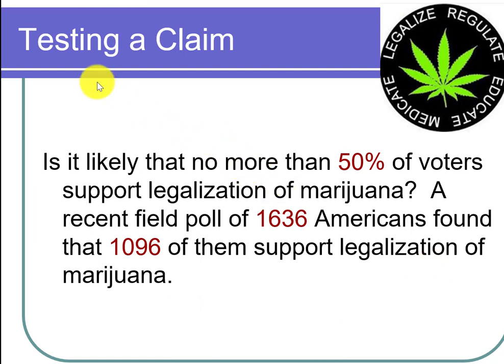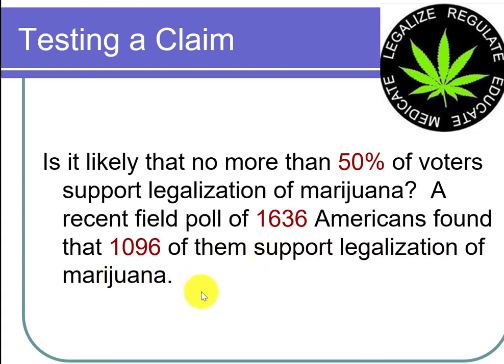Let's go to the very last problem that I've got. And this is testing a claim. And we're going to be spending a lot of time on this coming up in the last half of the class. So here's a question. Is it likely that no more than 50% of voters support legalization of marijuana? A recent field poll of 1,636 Americans found that 1,096 of them support legalization of marijuana.